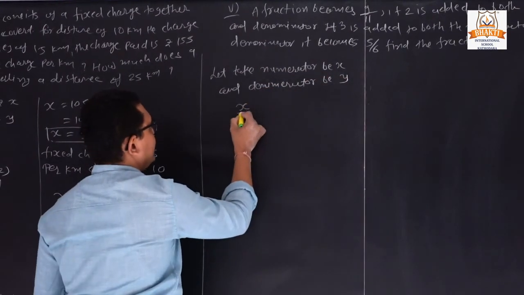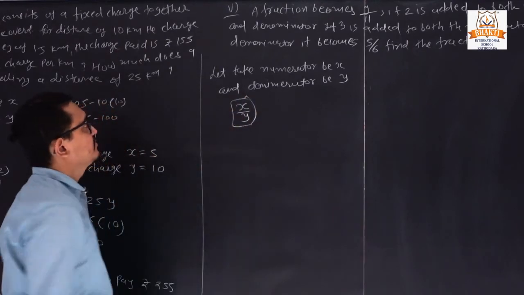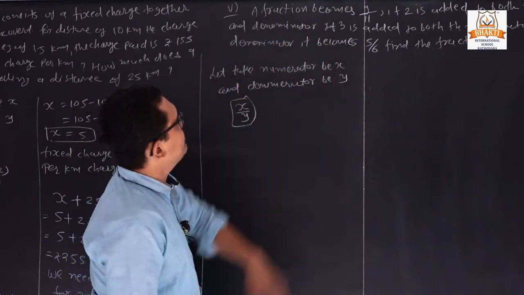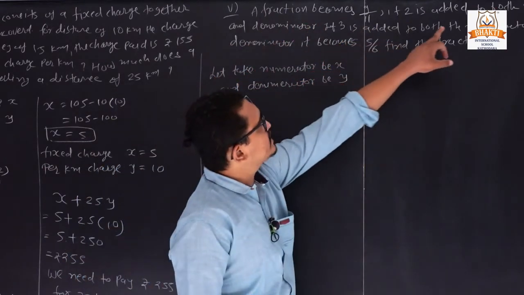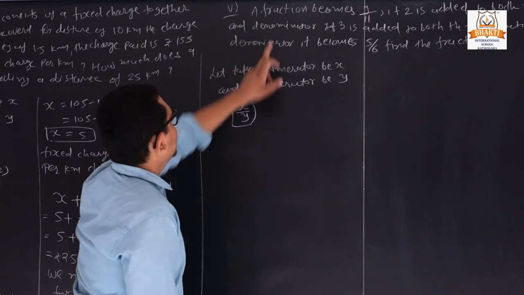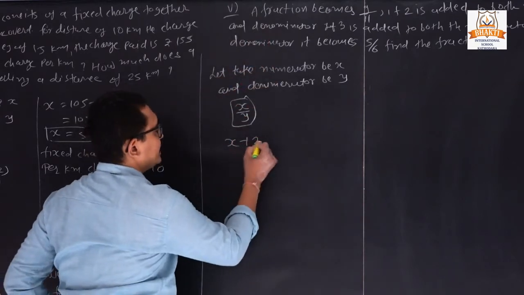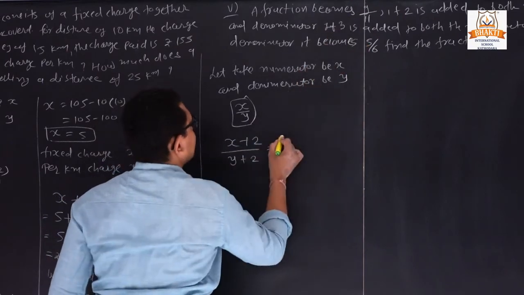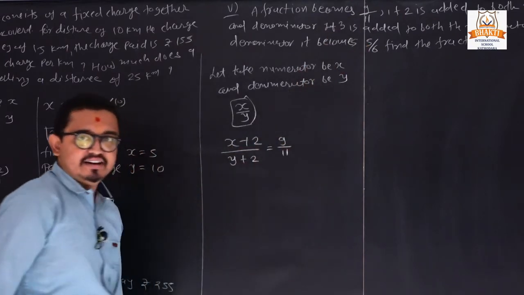So x upon y is our fraction now. So here they are asking what? A fraction becomes 9 by 11 if 2 is added to both numerator and denominator. So 2 is added to numerator and denominator and the fraction becomes 9 by 11.